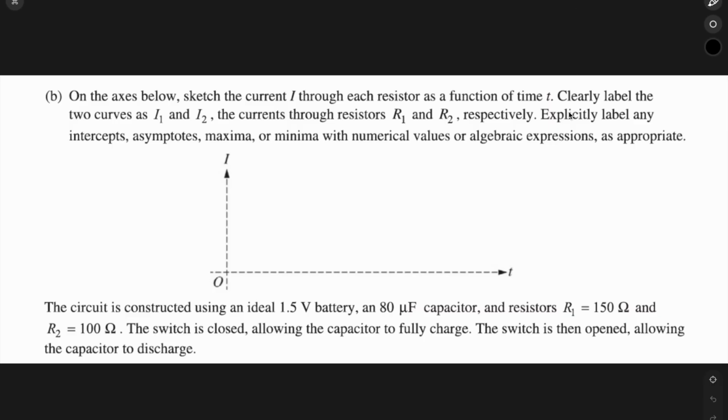The key thing to remember here is that I is equal to dq dt.